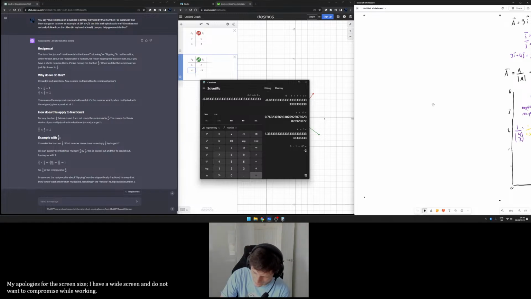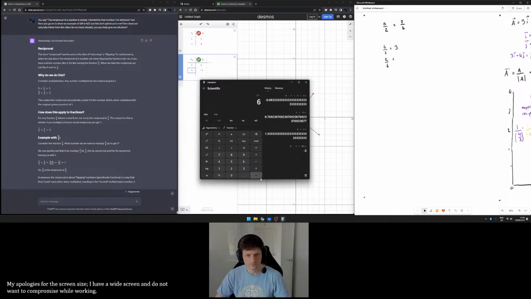If I do 6 over 2, the reciprocal is 2 over 6, and that's because if I multiply the two together, 6 over 2 is equal to 3. 2 divided by 6 is equal to, what is that? 0.3 recurring.